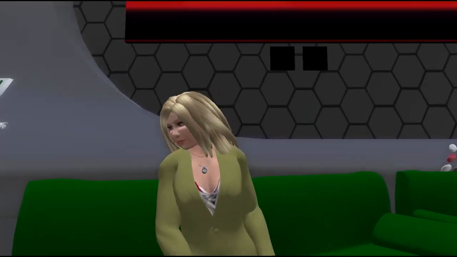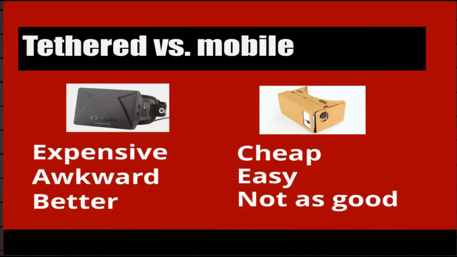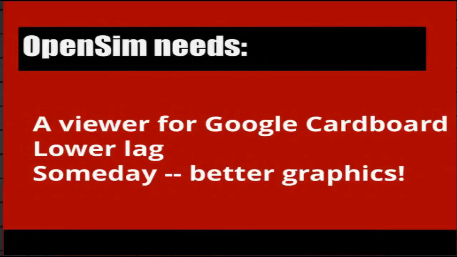And as I mentioned, the price is significantly lower, hundreds of dollars versus ones or tens of dollars. So this is something that I really believe that OpenSim needs.